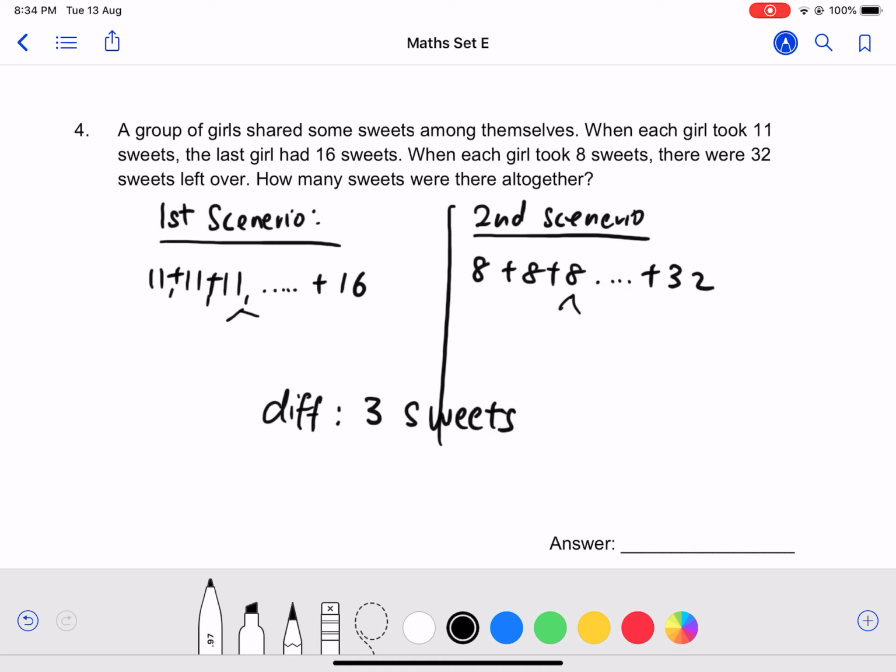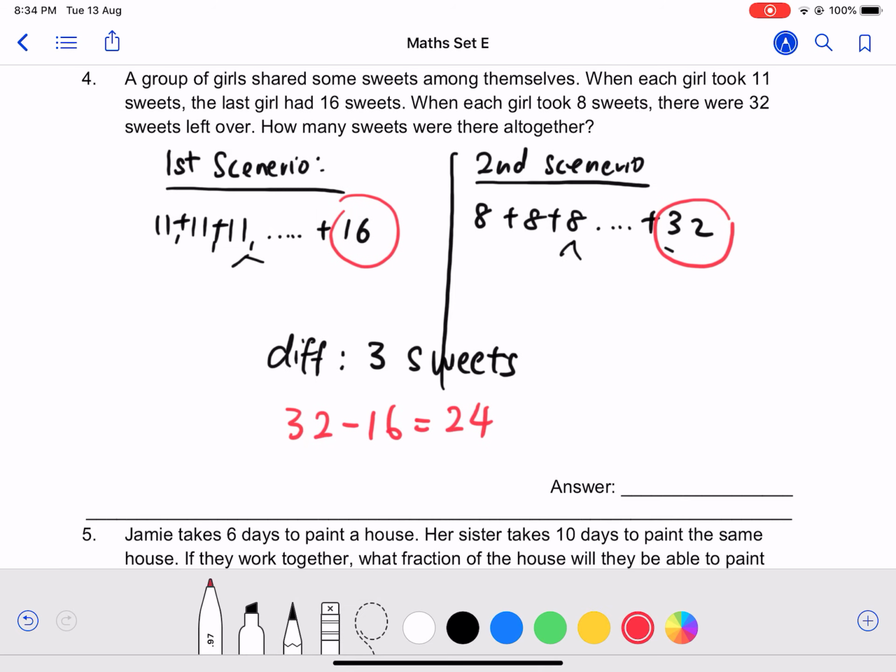Okay, and because of this difference, it causes the second scenario's last girl to get 32, the last girl here to get only 16. So isn't it what we always do, right? We take the difference also, which in this case will be 24. We take the difference, divide by the difference, which is 24 divided by the difference of 3, we will know that there are altogether 8 girls.